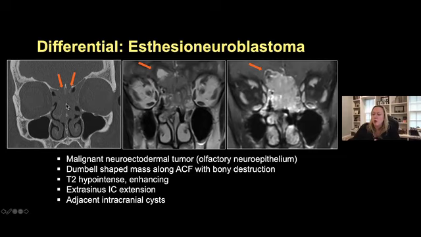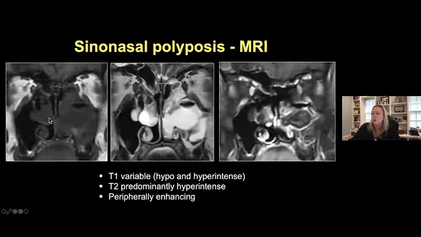The bone has stayed in its normal location, but it's blown through by soft tissue. Whereas in the setting of polyposis or meningocele, something that's been there for a long time, it has a tendency to remodel or push before you get bone thinning.